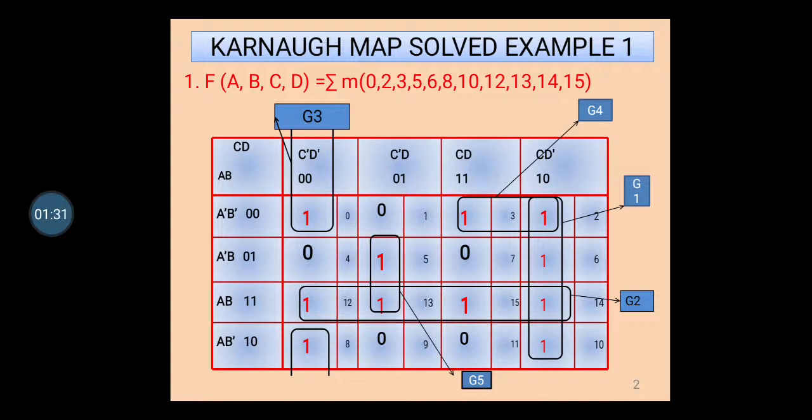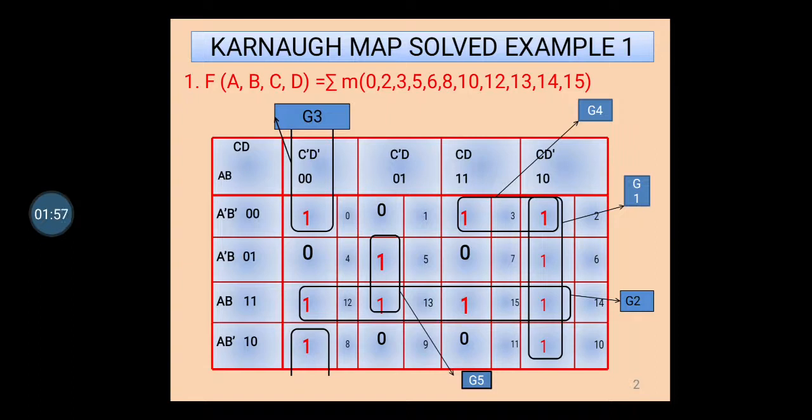The input names are already given, A, B, C, D. So the MSB bits AB I have written column wise and the LSB bits CD I have written row wise. So here you can check the substitution of the output. The cell numbers are also given and I have substituted one in the K-map table. Then I have formed the groups.